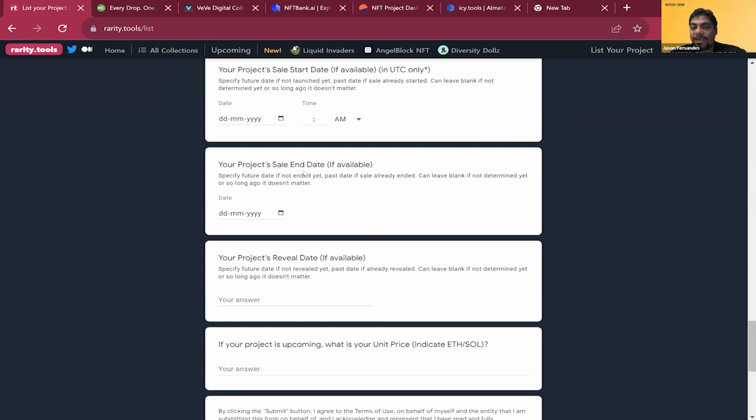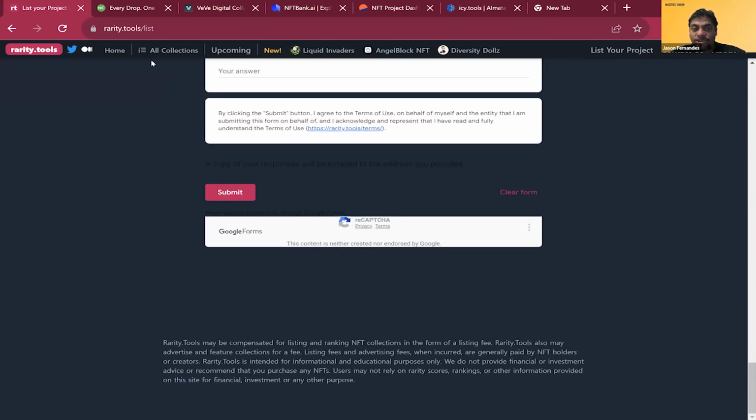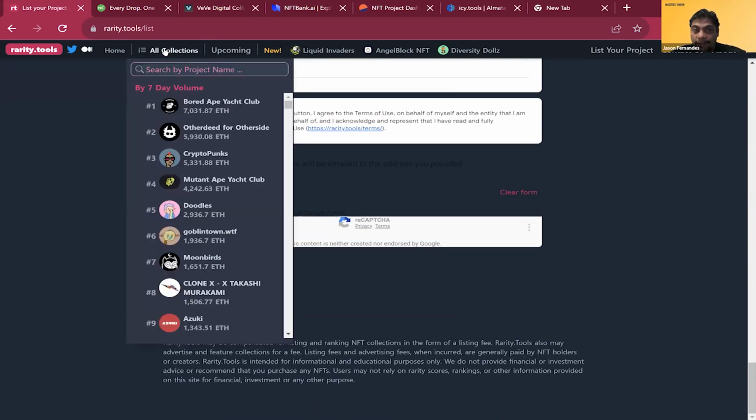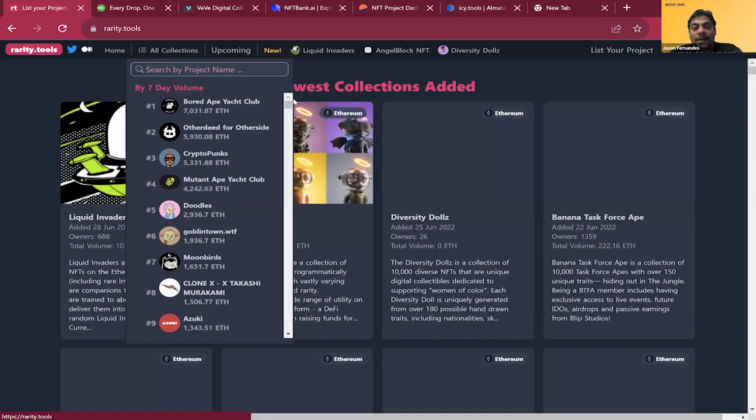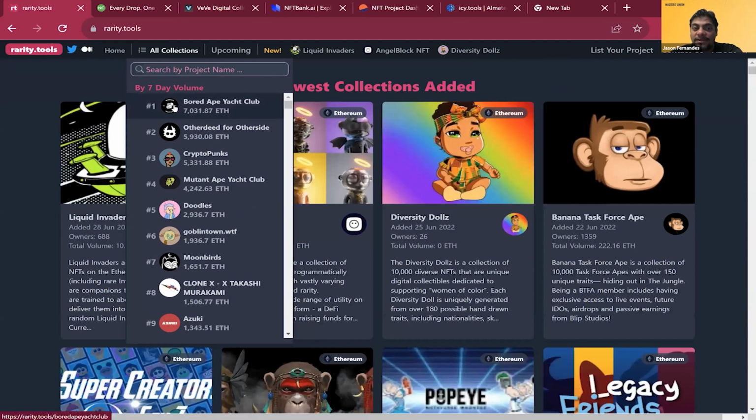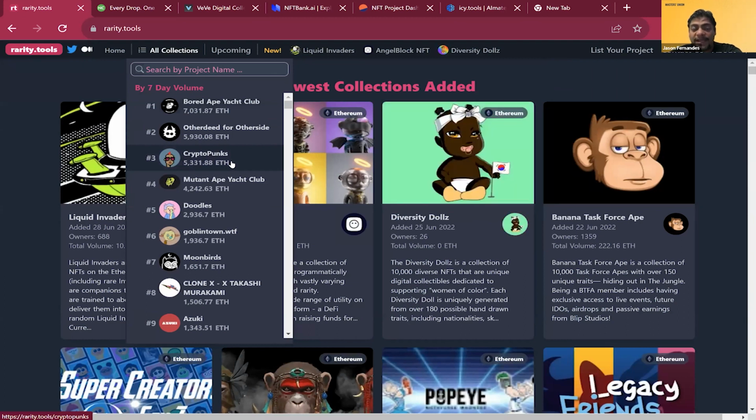And there's various different pieces of information that you can share with them, and then they may choose to list your NFT collection. But it's really important to then look at what people are looking at, right? One of the things people look at is volume. The biggest problem about NFTs is probably one of their biggest strengths, right? Non-fungible tokens means they're not fungible with relation to other tokens.